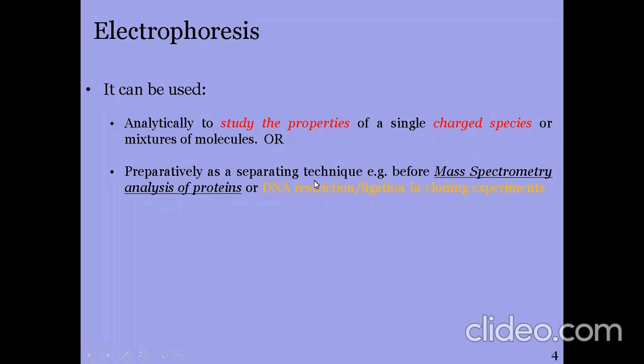For example, we can use electrophoresis before some analysis, like mass spectrometry analysis of proteins. Before going into mass spectrometry, we will do electrophoresis. Or before restriction ligation in cloning experiments, we can go for electrophoresis, because we need to know the size of the proteins or the size of the DNA or RNA.